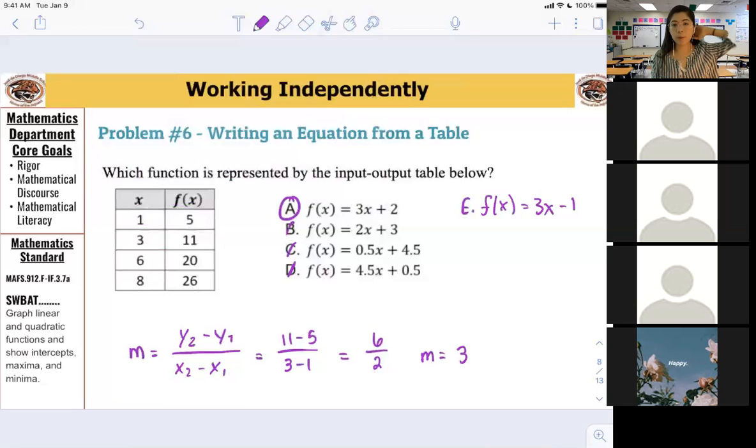Find the y-intercept, exactly. So I would have had to make sure that the y-intercept also matched. So sometimes, as long as you find the slope, you're good, but sometimes you also have to figure out the y-intercept and make sure that matches as well. If we have time at the very end, maybe I'll go back and show you guys how to do that one last time. If not, we will definitely review that on Monday.